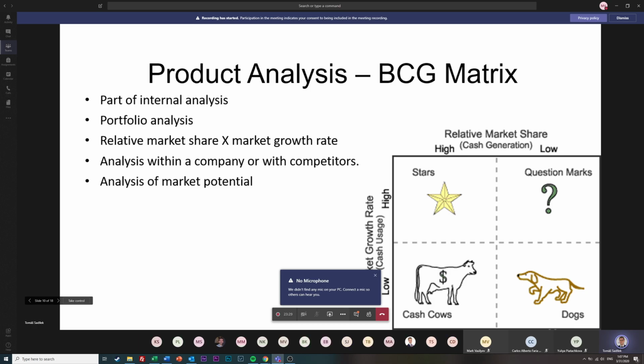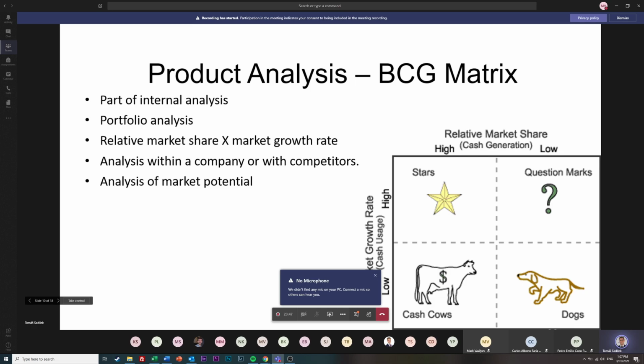By the way, where to obtain the data about the market growth rate and the relative market share? We can obtain the data from the profit and loss statement. We've already spoken about this, I think, in the 3rd lecture. If you open this, there is the information about the turnover.